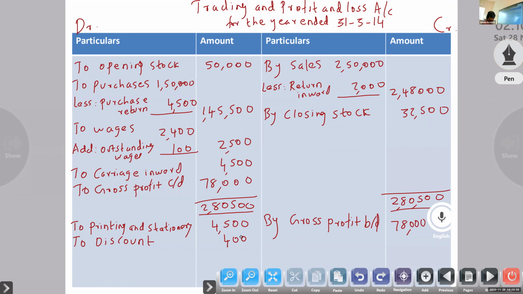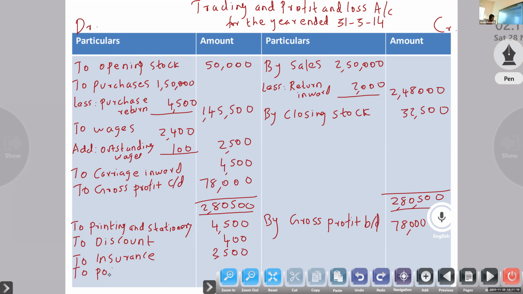Next insurance, no adjustment, 2,500. To insurance 2,500. Next, postage and telegram, no adjustment.